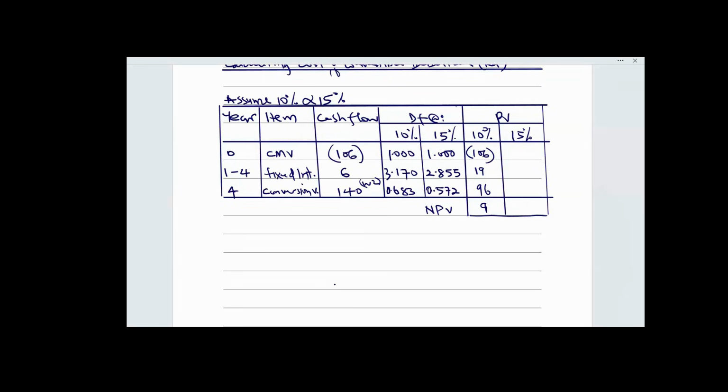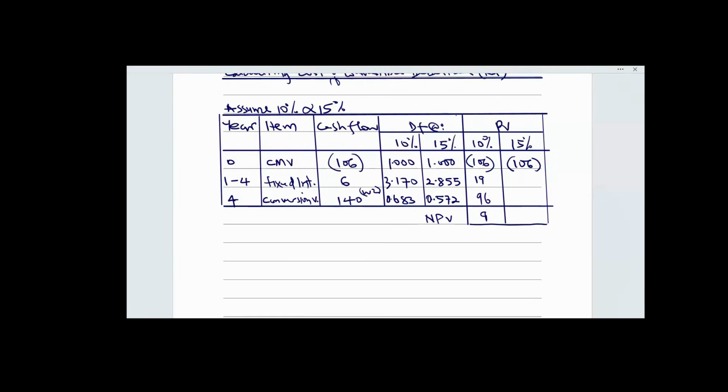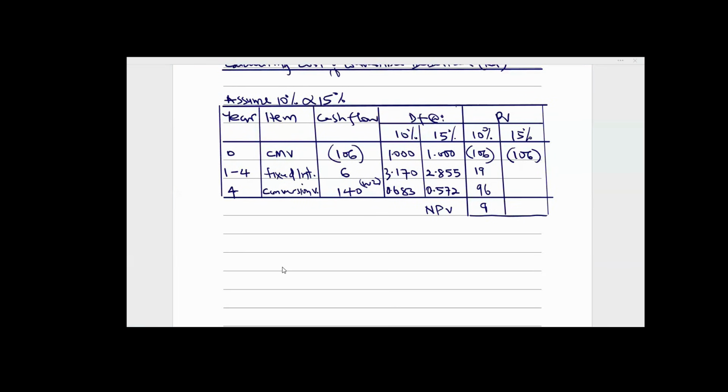Okay, so let's multiply. 106 multiplied by 1 will give us 106. Then 6 multiplied by 2.855 will give us 17.13, rounding to 17. Then 140 multiplied by 0.572 equals 80.08, rounding to 80.